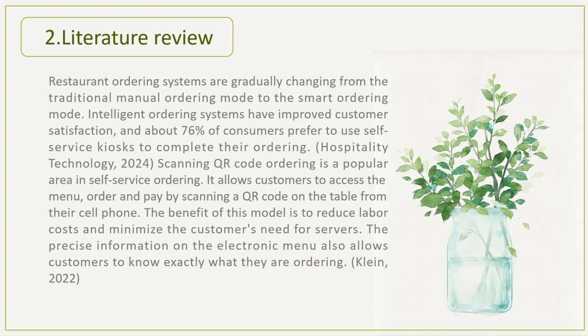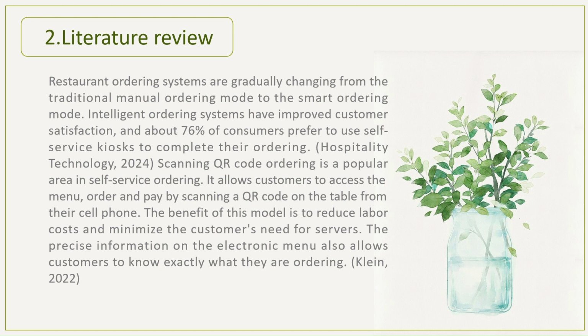Scanning QR code ordering is a popular area in self-service ordering. It allows customers to access the menu, order, and pay by scanning the QR code on the table from their cell phone.